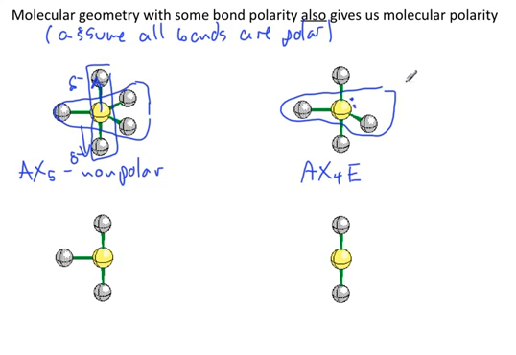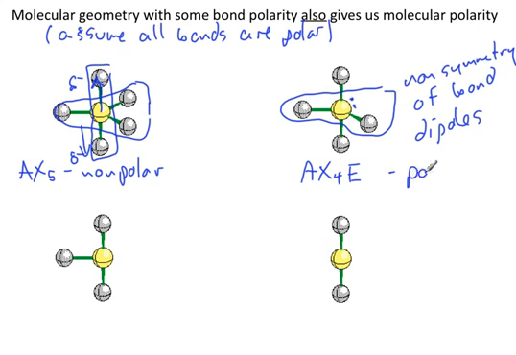And so now we basically have no symmetry of bond dipoles. And so a symmetry of bond dipoles is what allows those to cancel out. And so if we lose that symmetry of those bond dipoles, we end up with a polar molecule. And so an AX4E orientation or notation would give rise to a polar molecule provided the bonds are polar.